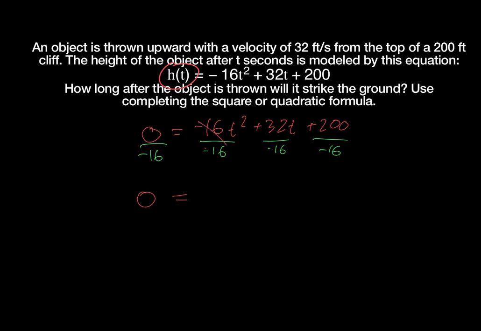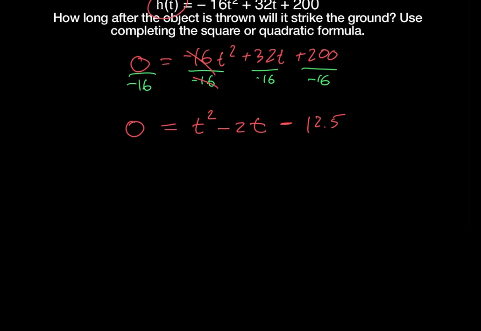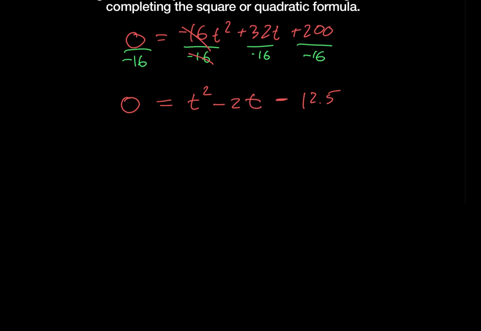Negative 16 over negative 16 is t squared. 32 divided by negative 16 is negative 2t. And then what's 200 divided by 16? Negative 12.5. I like this a little bit better because I have smaller numbers.